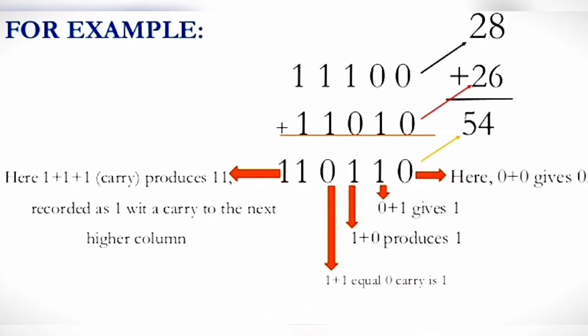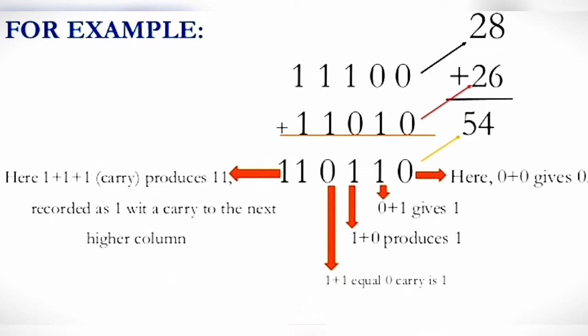Example for binary addition. Friends, as we can see here, 28 plus 26 is equal to 54. We can write 28 in binary representation as 11100 and 26 as 11010.